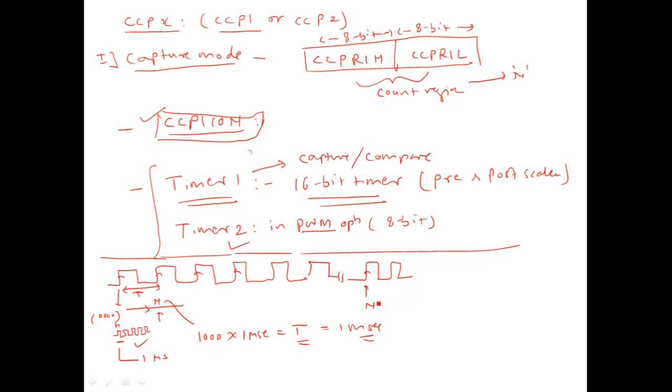This count will tell you the total time interval for 16 cycles of this. So whatever count n you get should be divided by 16. That will give you n corresponding to the time period. From that you can calculate the time period of this waveform. Is it clear?